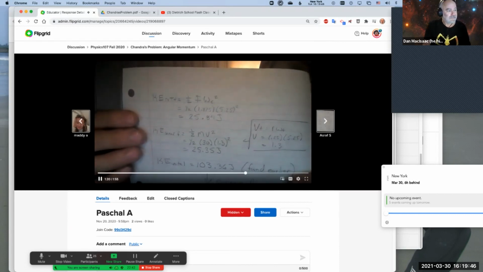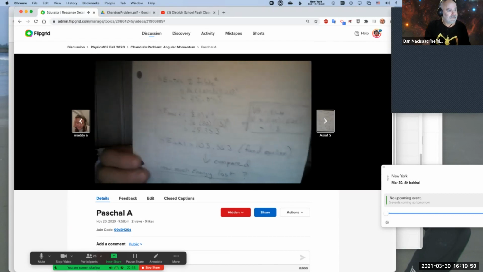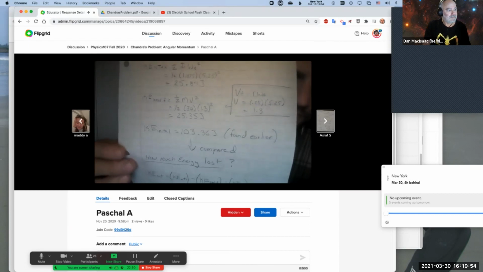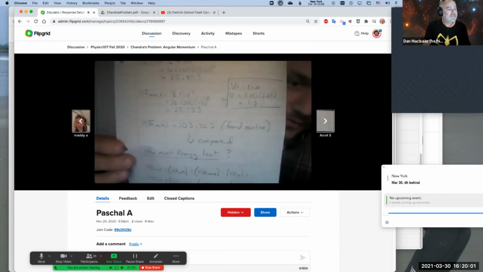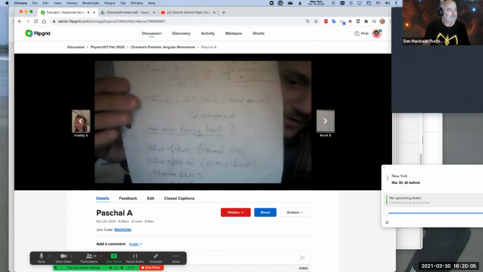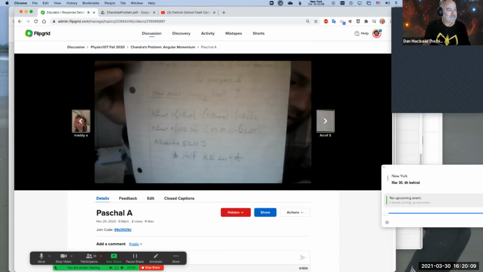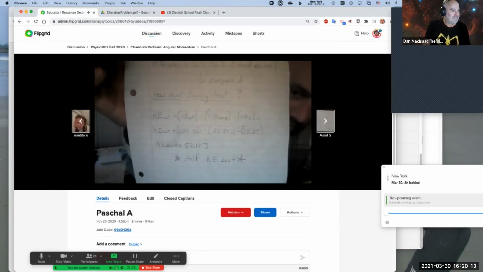Final rotational kinetic energy, 1/2 I omega final squared, is 25.84 joules. Your final linear kinetic energy, 1/2 mv squared, 25.35 joules. Finding the final velocity, you needed that too, did that right there. Your initial kinetic energy, which we found before, and it's compared. How is it compared? We found out how much was lost, which we found here, losing half the kinetic energy.